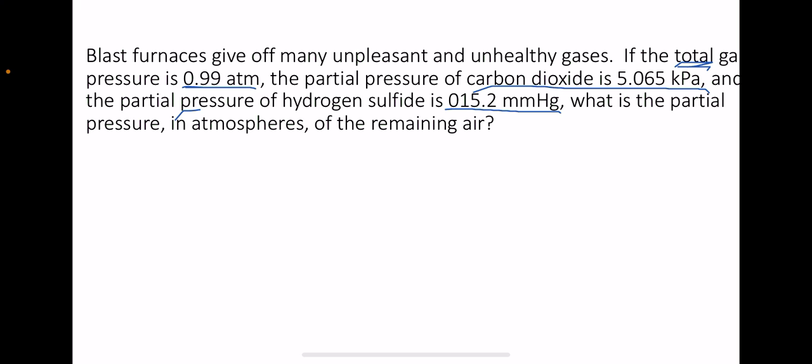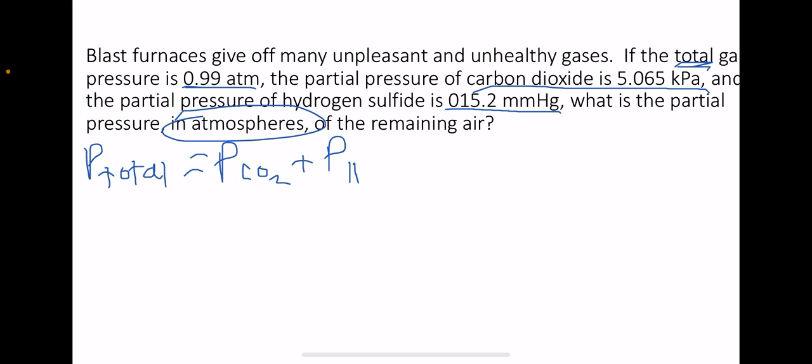What's the partial pressure in atmospheres of the remaining air? So we've got a P total, a P of CO2, a P of hydrogen sulfide, and a P of remaining air.